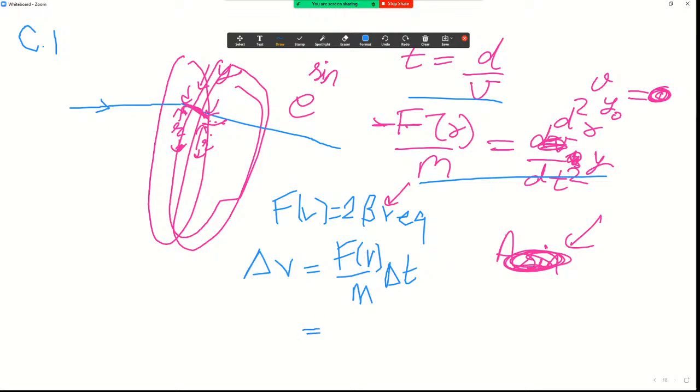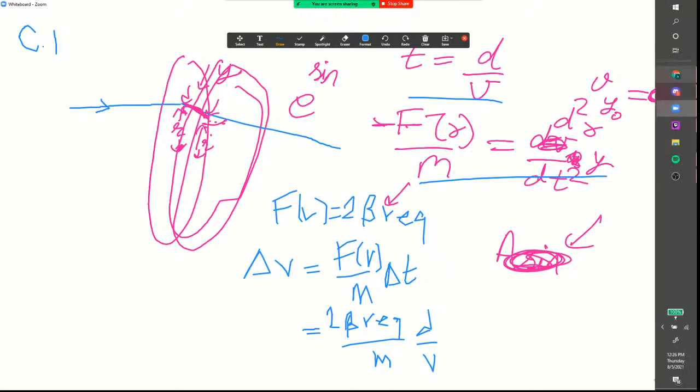So then in the end we get something like 2 beta r e q over m, d over v. So that's the velocity that's gained by the electron when it goes through the electrostatic lens.